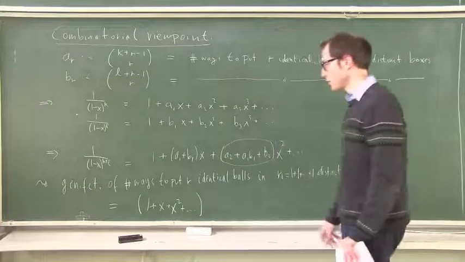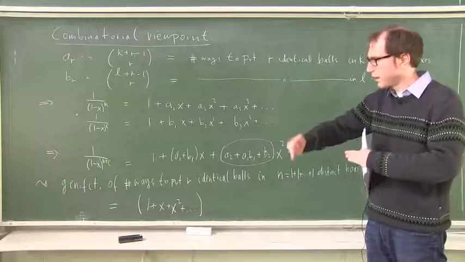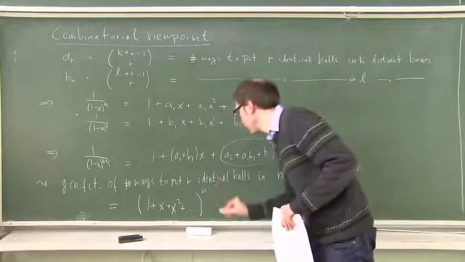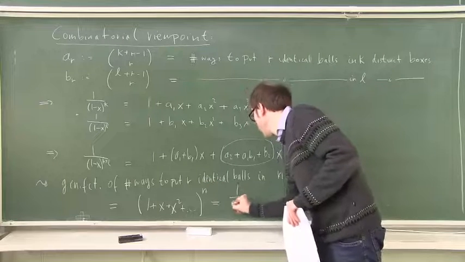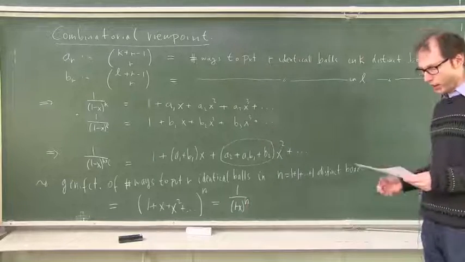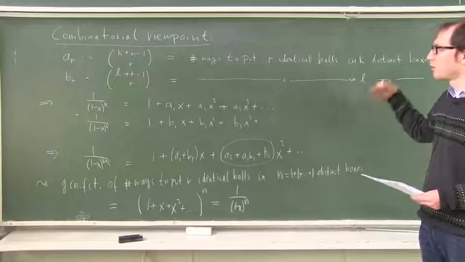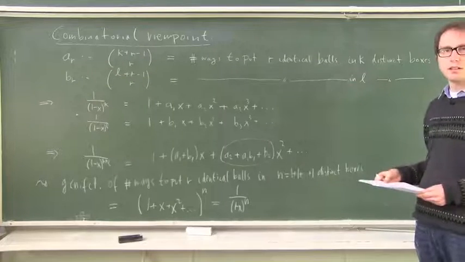This is the generating function for that problem. And for each box we do that, we get the same answer, we just multiply it, so we take it to the power of n. And now this is 1 over 1 minus x to the n. So that's another way how we can see this. And I think it enlightens how we think about it combinatorially.